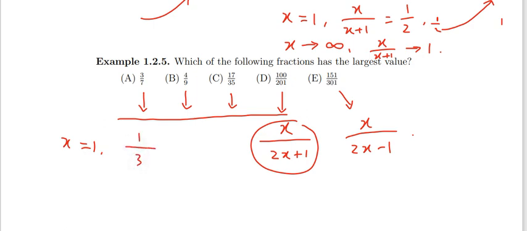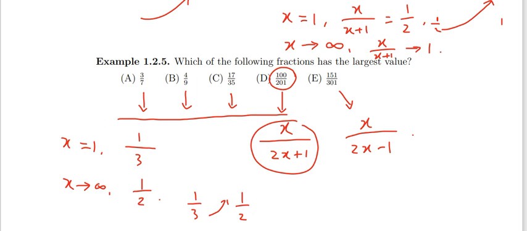When x becomes very large, x over 2x plus 1, we can forget the 1, just x over 2x, just half. So 1 over 3 is small, and this increases. So we know for these four numbers, 100 over 201 is the biggest.